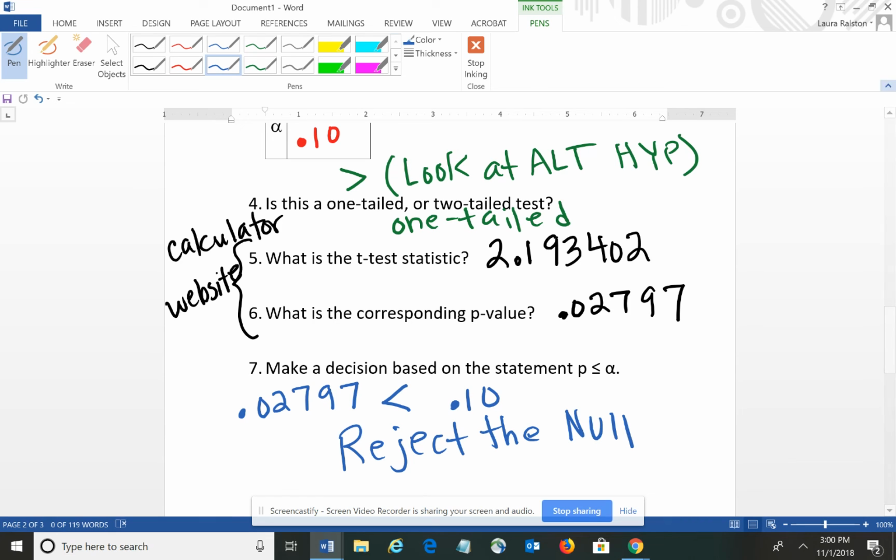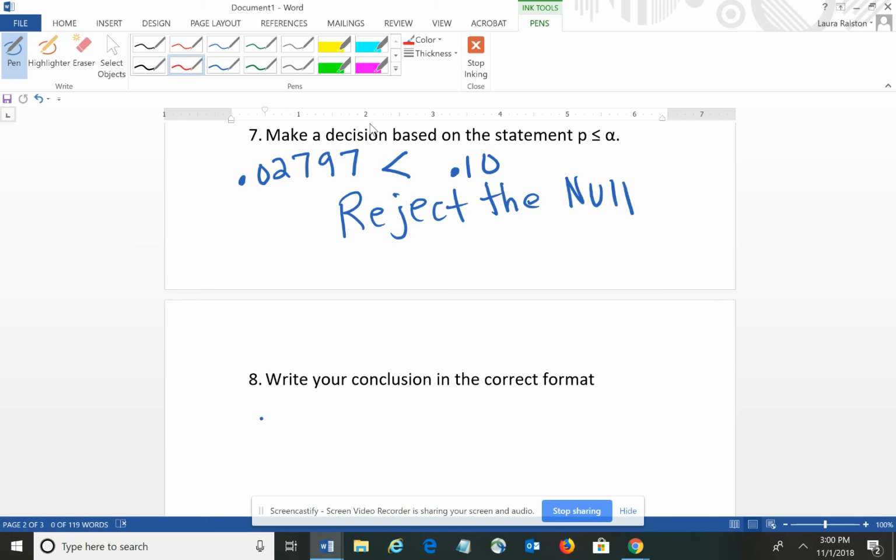And then in the last step, we write our conclusion. Okay, so again, you have to think about how to write it. You always want to include your significance level.